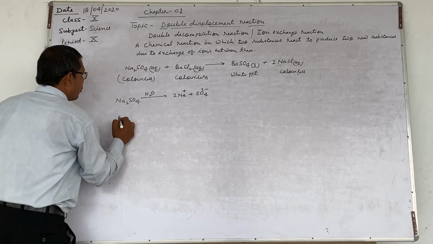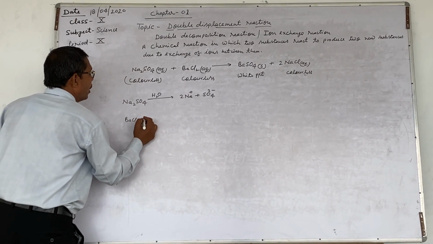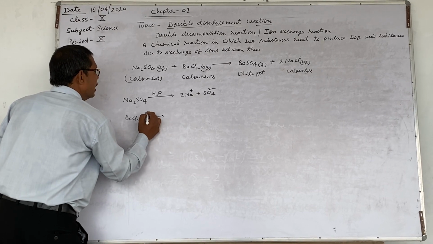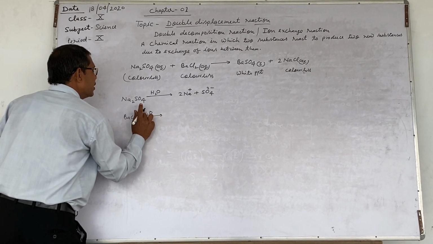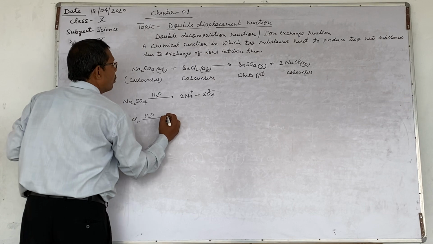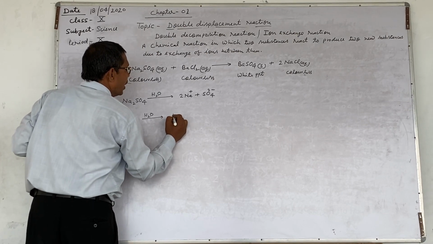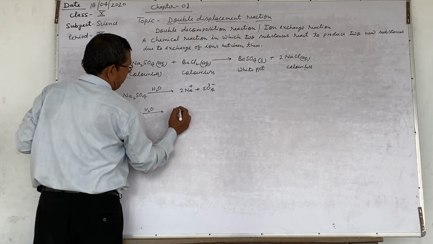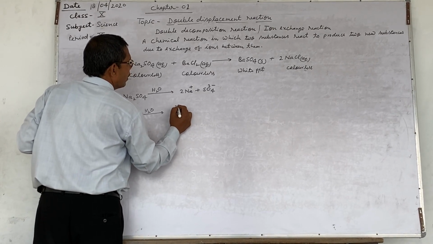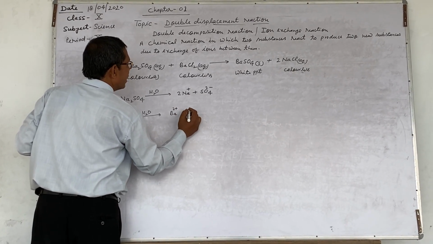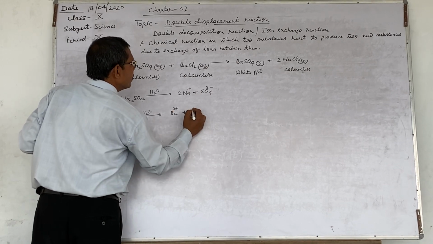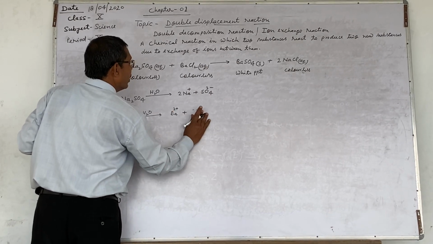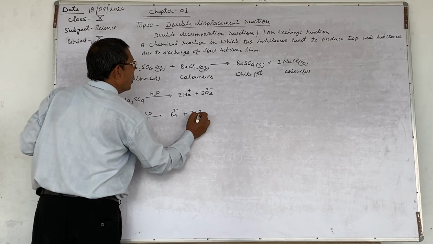Similarly, barium chloride, when it is mixed in water, produces barium ion and chloride ion.